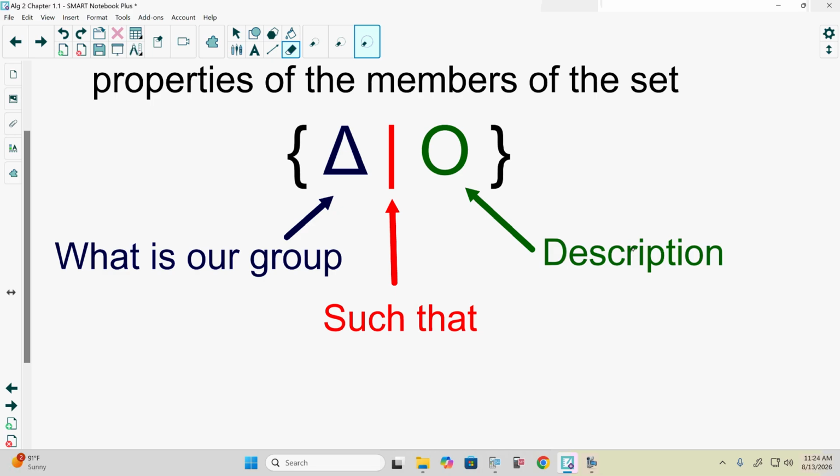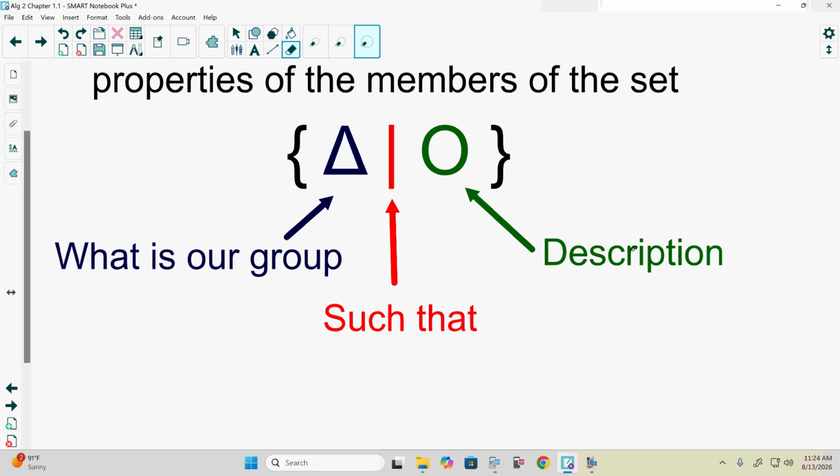So if we looked at the previous one I just gave you, it'd be the set of all real numbers such that x is greater than 1. These are the type of numbers we're looking at. This is the description of them.